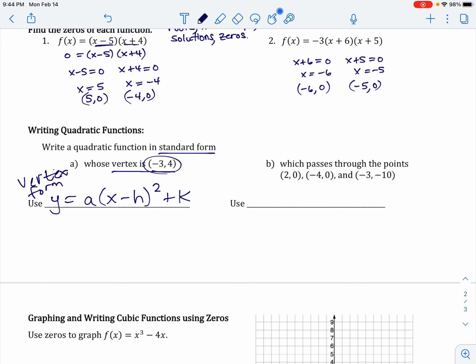So for this, we're going to assume that a equals 1. Okay, so we don't have a value in front of the a. So y equals, we're going to plug in, this is our h, this is our k. So we're going to plug in x minus negative 3, which is plus 3 squared. And remember, k is what it is, so it's plus 4.